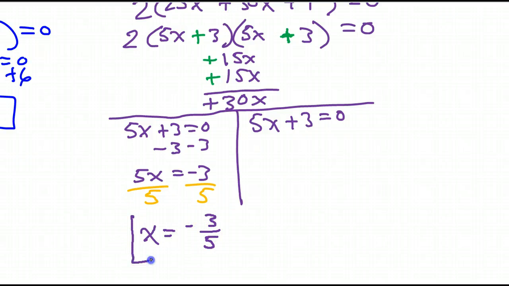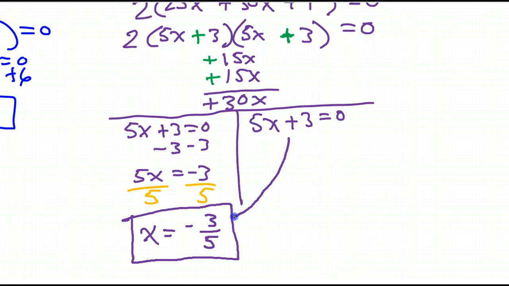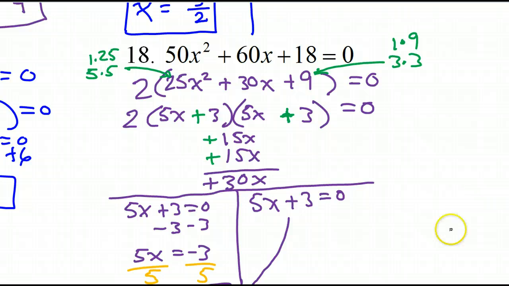So this is the one and only answer. If we had tried to solve this, we would just get this again, so there's no point. And don't write it twice. That looks silly, okay? It shows that you don't know what you're doing. All right, x equals negative 3/5, x equals negative 3/5. That's redundant. Don't do that.